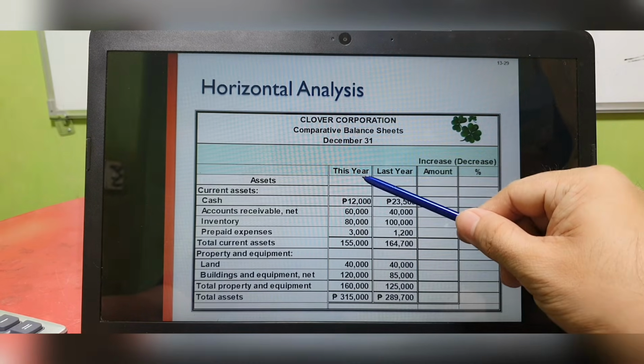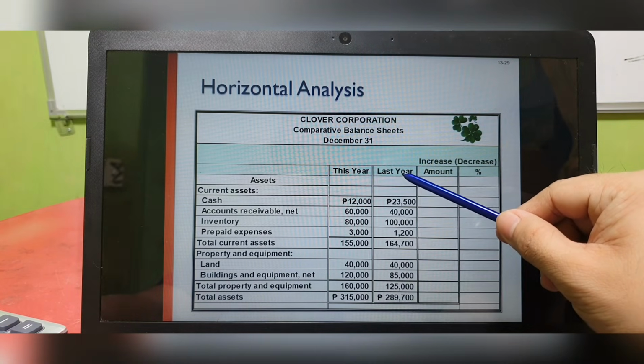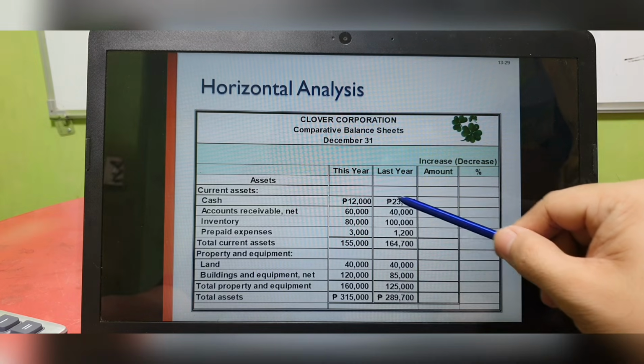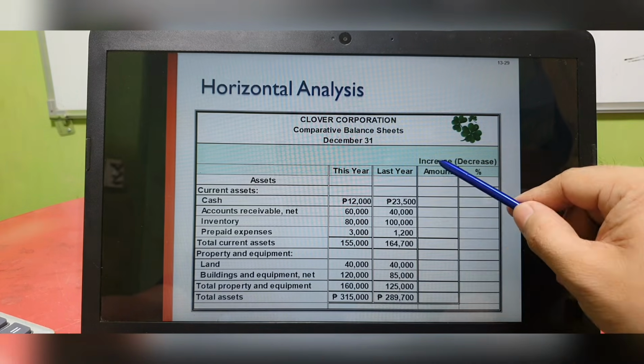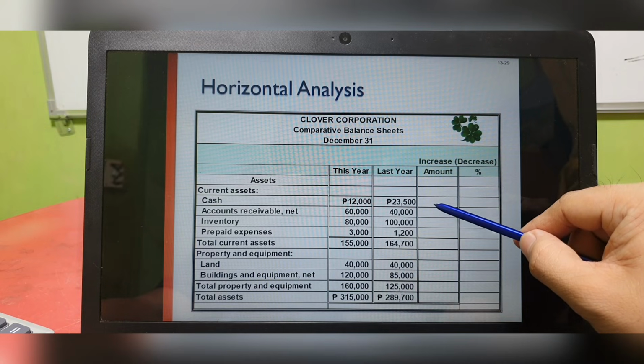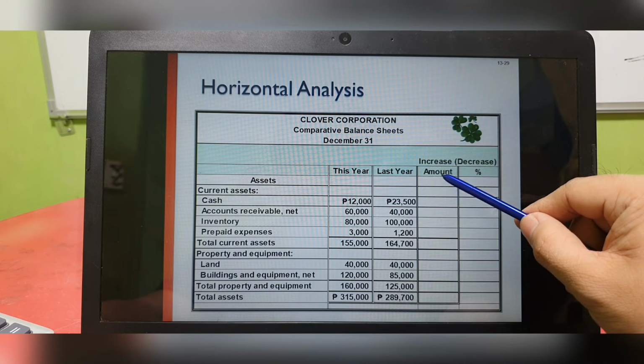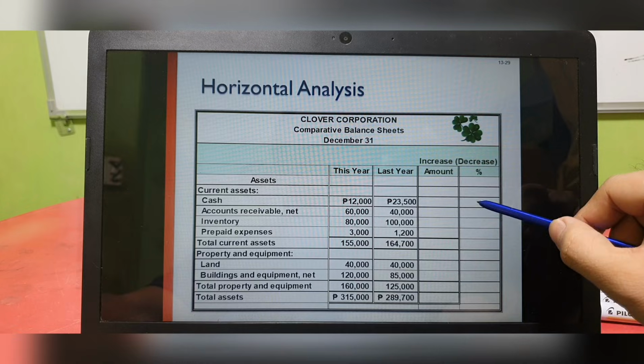So we have the this year and last year na balances for cash. Okay, so this year 12,000 pero last year 23,500. So here we will put the increase in terms of peso or amount, and here for the change.